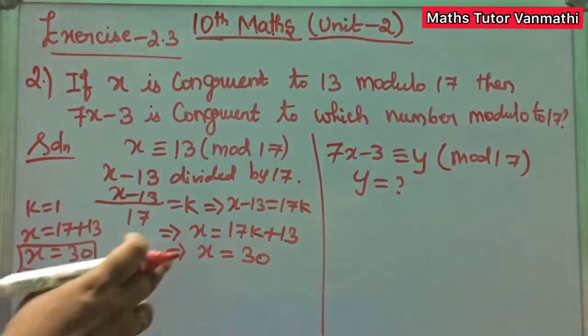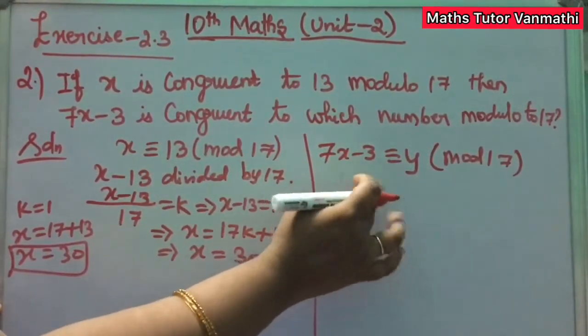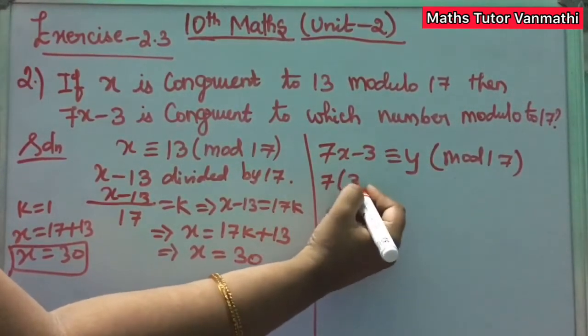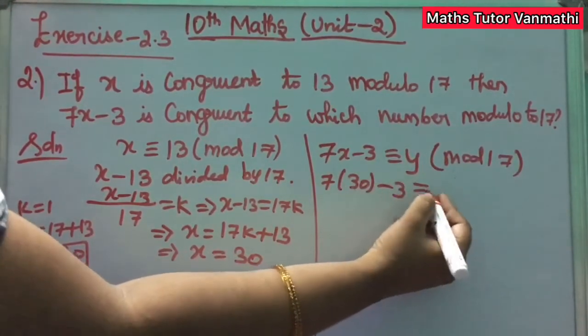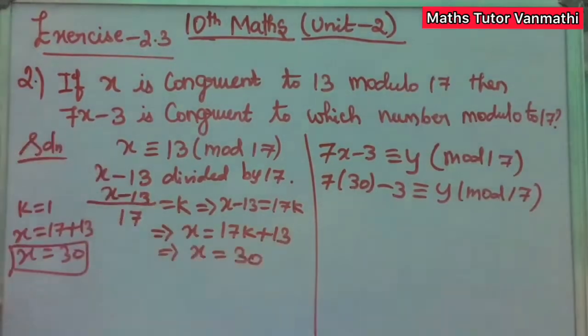Okay. Now we are going to substitute this x value here, in order to get the y value. For 7 into 30 minus 3, which is congruent to y mod 17. Clear? Okay.